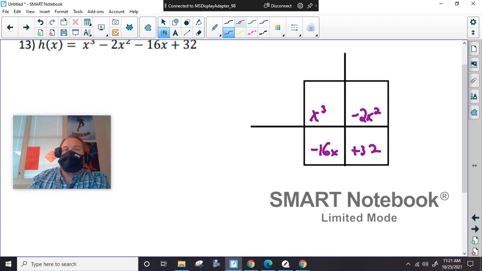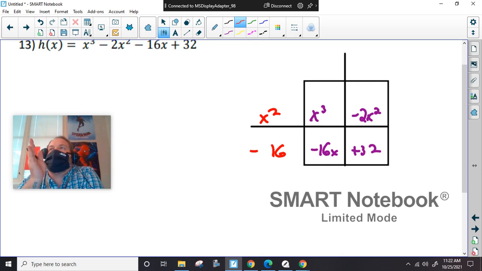What is the GCF between x to the third and 2x squared? Yep. Now, because this is a negative out here, I have to factor out a negative. We're finding the GCFs of the rows and then the columns.